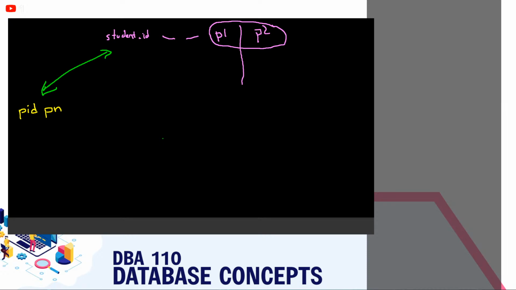So one of the things that we don't want to see is repeating information. Repeating columns that could take 2 or 3 columns with the same type of data.